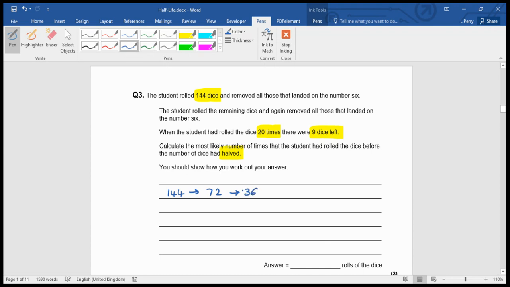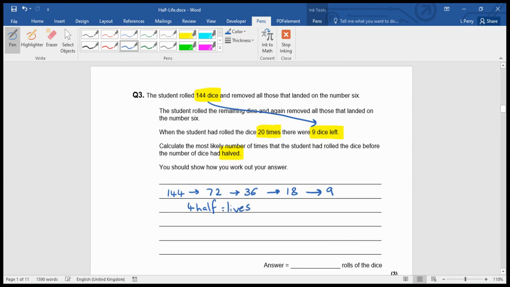Halve it again is 18. Halve it again is 9. Right, it mentioned 9 in the question. So to go from 144 to 9, it halved 1, 2, 3, 4 times. So that's 4 half-lives. It's halved 4 times.